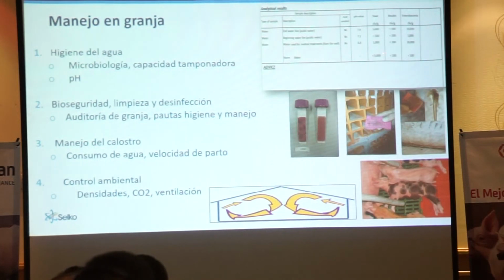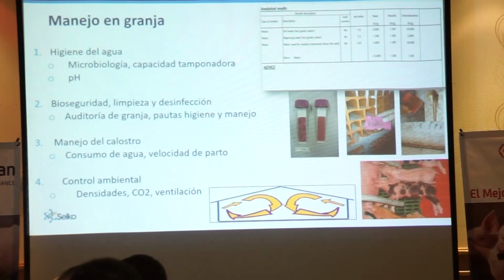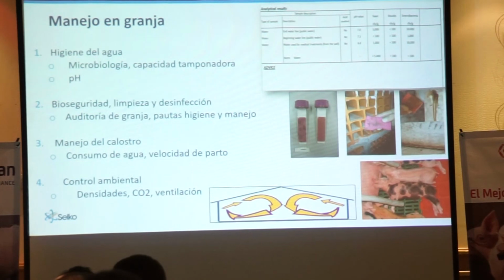So, for example, these are analyses we can do to determine the hygiene level of your water. Analyze the water for microbiology, the buffering capacity, pH, also yeast and molds we can analyze, to also get an idea of the biofilm in your water lines. Biosecurity and cleaning protocols, we can take swabs of your farm to see how effective is that cleaning protocol.